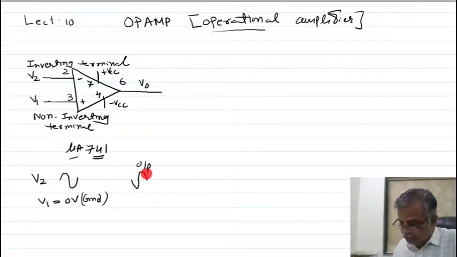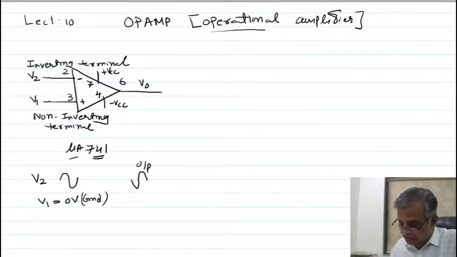Due to this reason, this terminal is called the inverting terminal. The minus sign indicates the inverting terminal: if you give the input at the inverting terminal, the output has a 180 degree phase shift with the input. At this time V1 is ground.